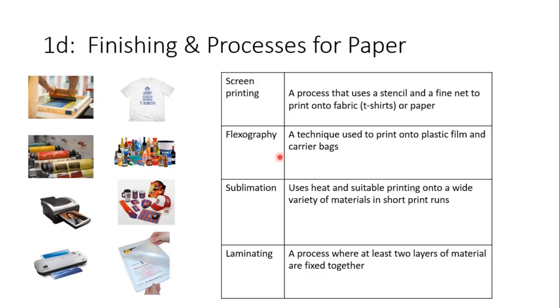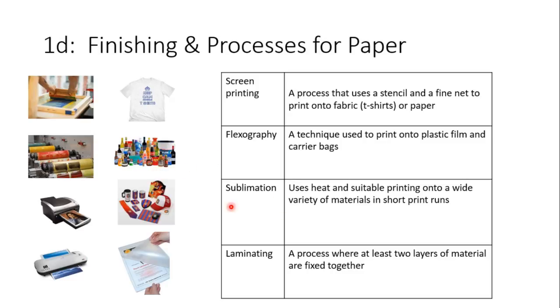You name it, it can be used for that in terms of printing. So flexography is used to print onto plastic film or carrier bags. It can also be used to print product labels as well, which have a plastic film or coating and so on.